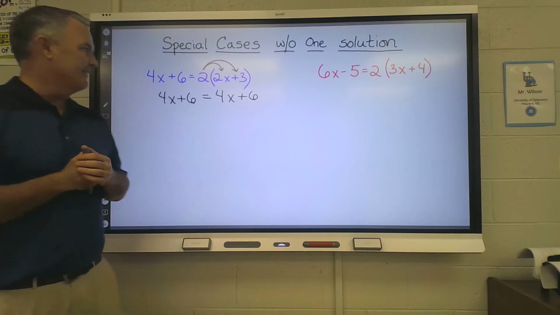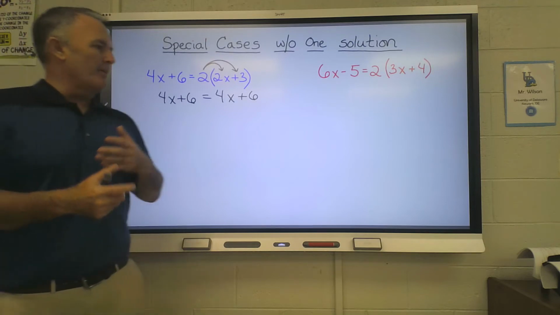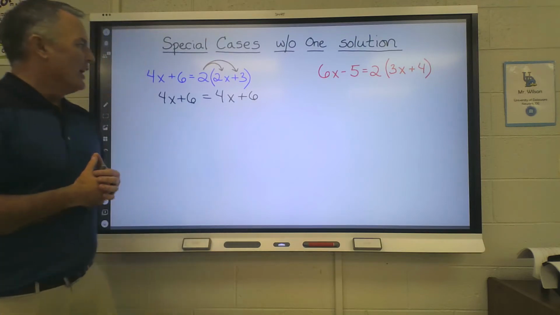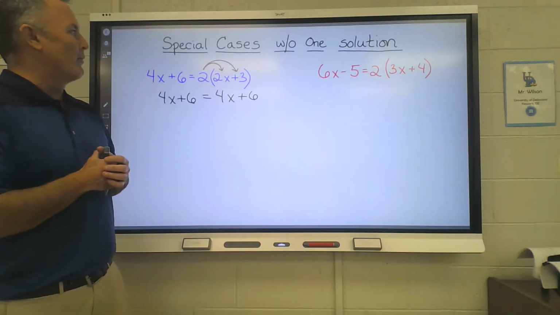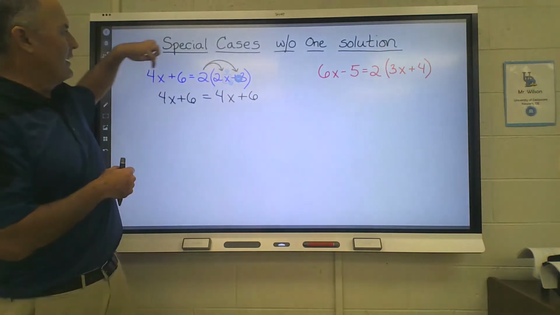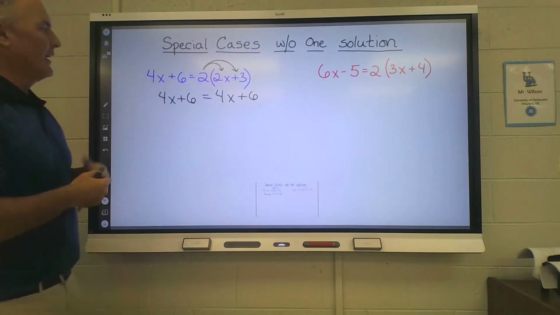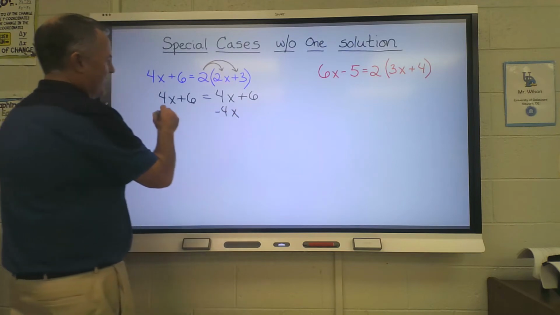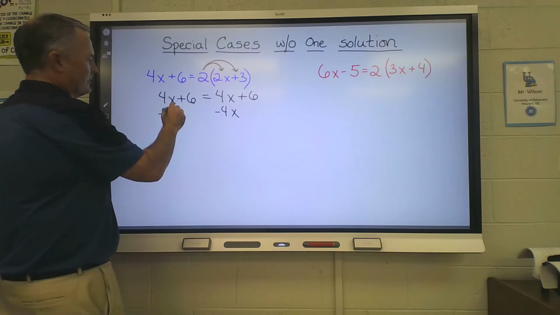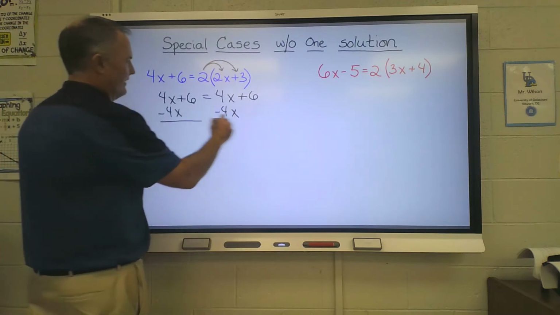They're exactly the same. Whenever you come up with something that is the same on both sides, it's going to end up being an infinite number of solutions. Basically, any number you plug into one side, you plug it into both sides, it's going to level out. Like, for example, if I want to take away the 4x here, it's going to cause me to take away the 4x from both sides. All right?